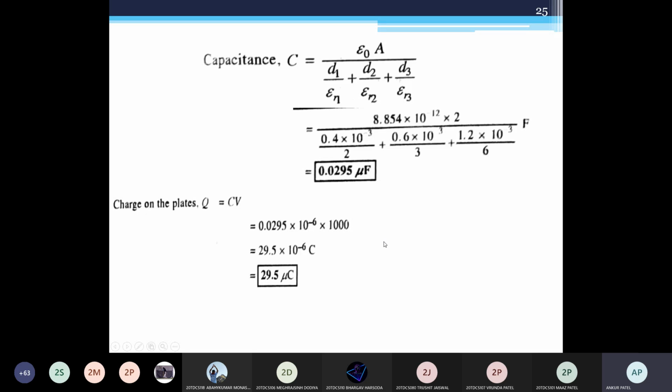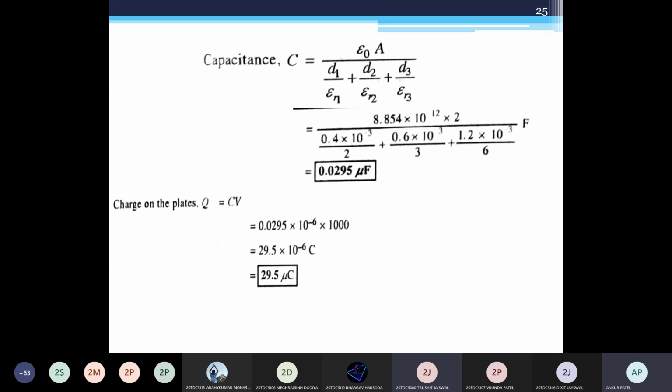Now find out flux density, D. D is equal to Q by A, which is 1.475 into 10 raised to minus 5. What is the unit of flux density? Coulomb per meter square.